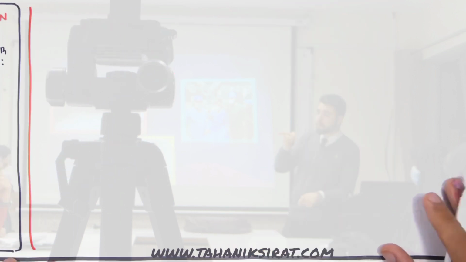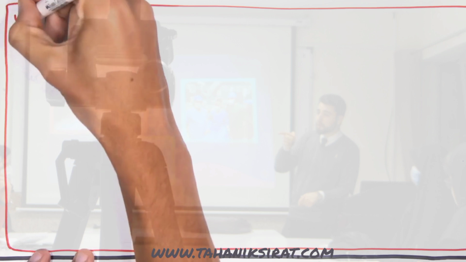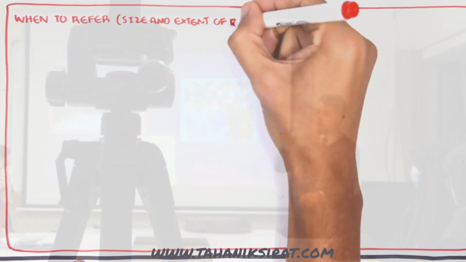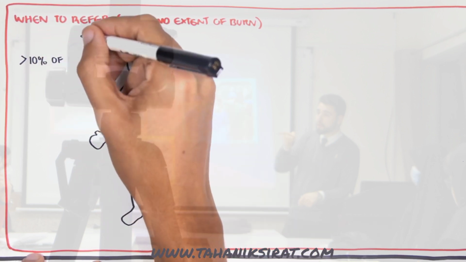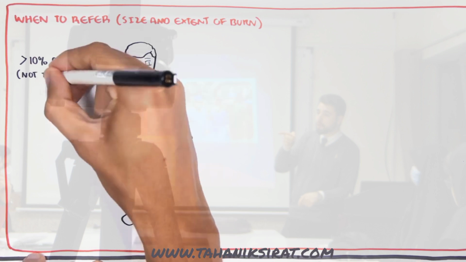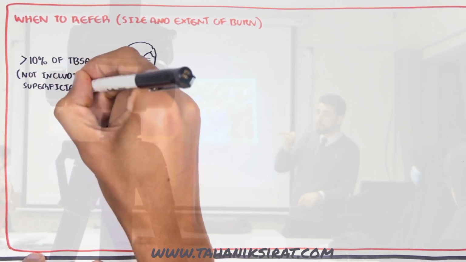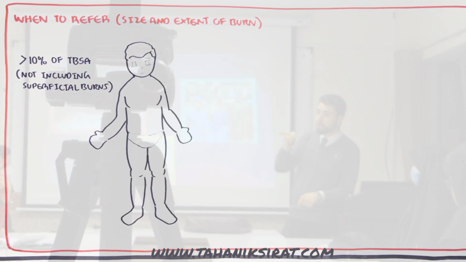So remember, we briefly mentioned when to refer burns to the burns unit, such as the type of burn as well as the depth of burn. So for example, full thickness burns or burns greater than 10% of the total body surface area. But this does not include superficial epidermal burns. So how about some other factors which will make one refer to a burns unit?